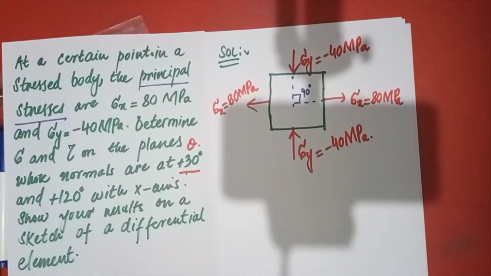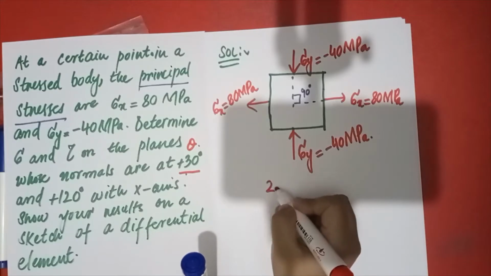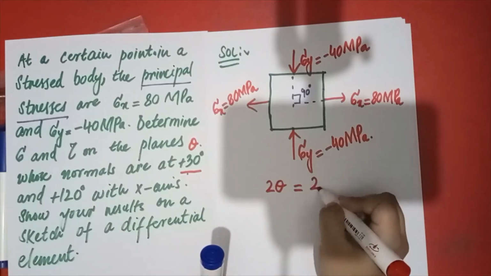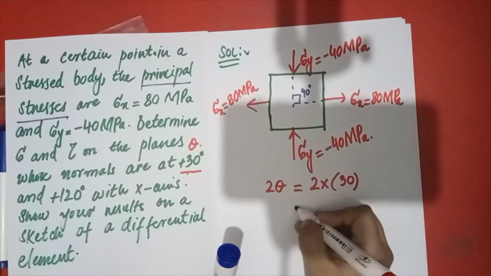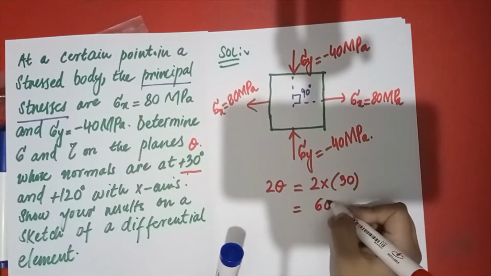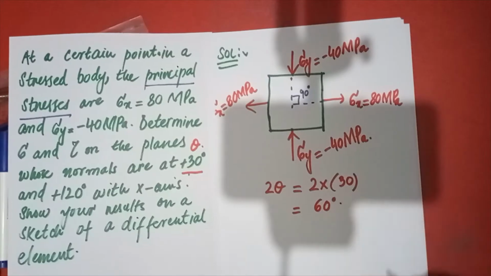So 2 theta is equal to 2 into 30, that is 60 degrees. So you have to make it twice the angle.